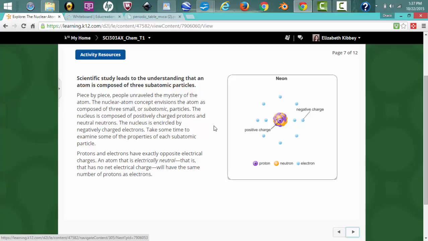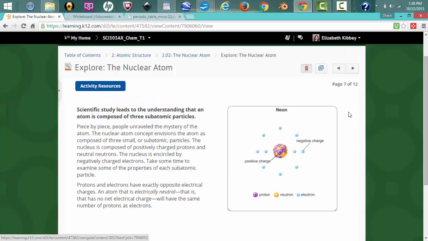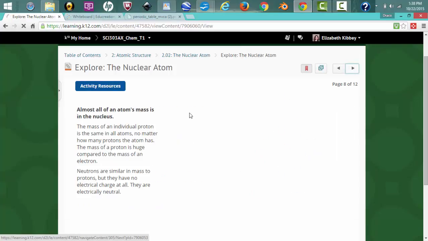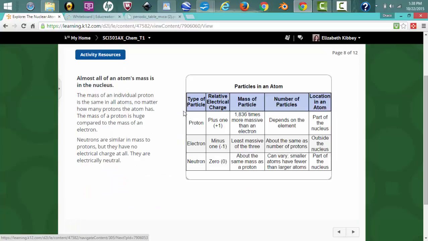Scientific study leads to the understanding that an atom is composed of 3 subatomic particles, which, as we know, are electrons, neutrons, and protons. Almost all of an atom's mass is in the nucleus.